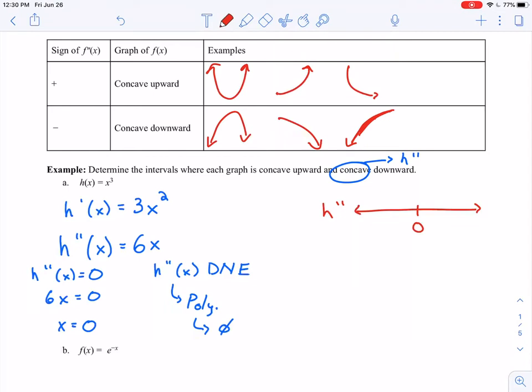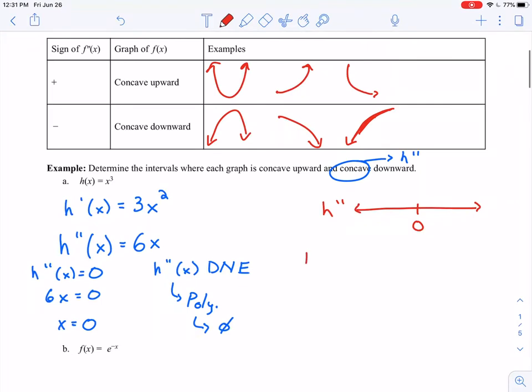Just like I did in the last section, I'm going to take a number on the left-hand side of 0, and a number on the right-hand side of 0, and plug those into my second derivative, h double prime of x equals 6x. I'm going to start on the left-hand side. Let's say h double prime of -1. That's a number on the left-hand side of 0. So this is 6 times -1, which gives me -6.